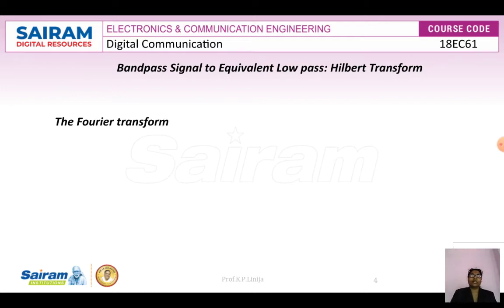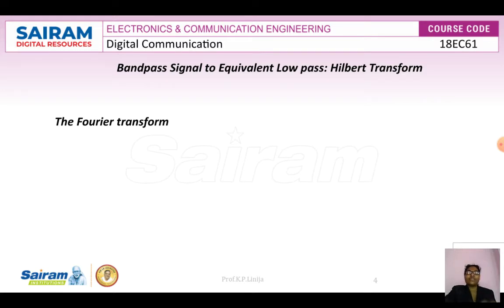So first, before entering into the Hilbert transform, we are all aware of the Fourier transform as well as the Laplace transform. First we will discuss for what purpose we are using the Fourier transform in the communication system.